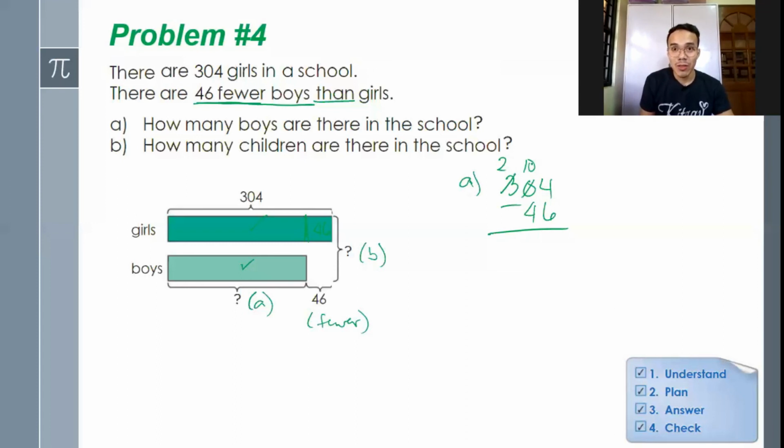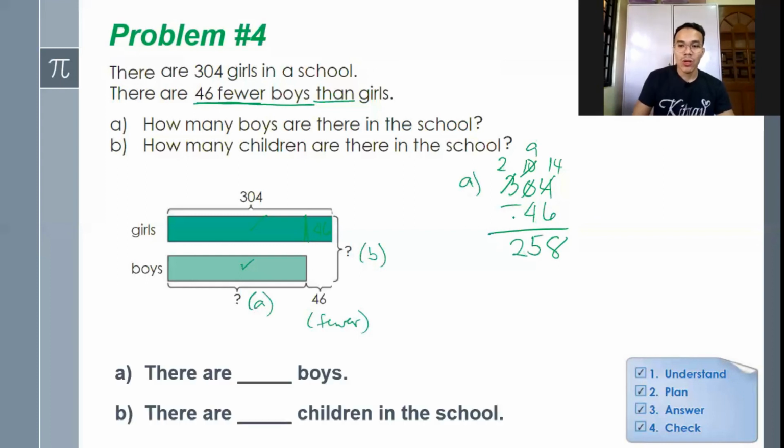So you borrow from 10, this now becomes 9, and this now becomes 14. 14 minus 6 is 8. 9 minus 4 is 5. And you bring down here 2. So your answer for letter A is there are 258 boys.